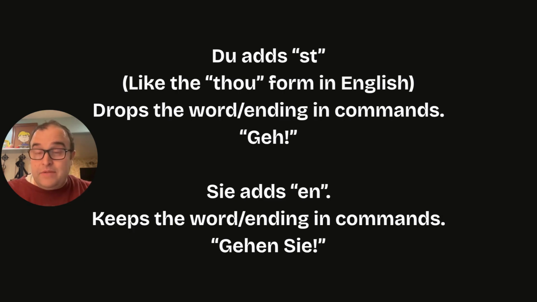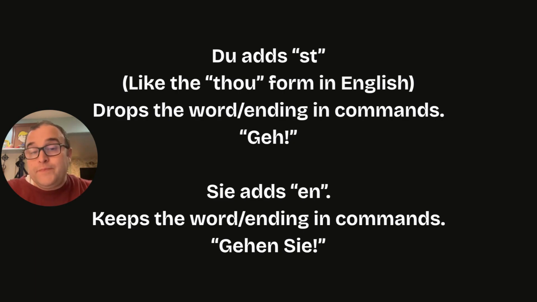It's the same thing. German and English are related languages in a lot of their grammar. But we just dropped off the thou form. We don't really use it much anymore in everyday speech, unless you're doing Shakespeare, something older English, or you're praying.